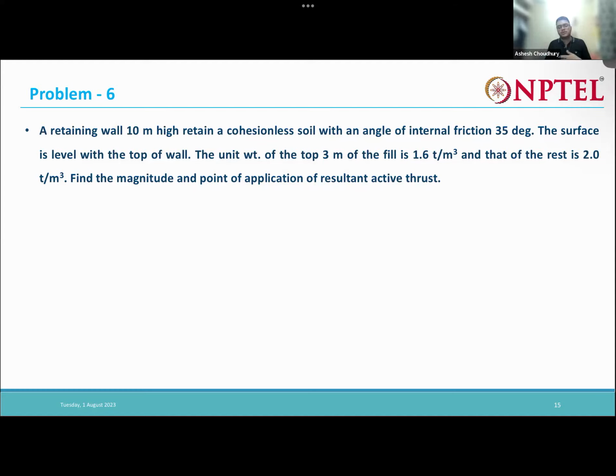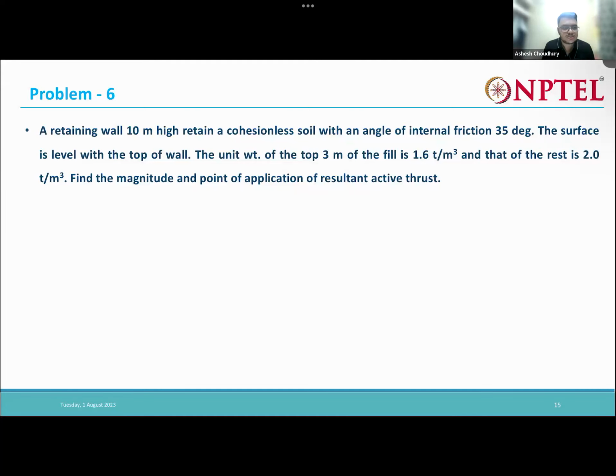So for that, we apply a filter material of some geosynthetic, so that the water can easily drain out, because this water pressure is actually very huge, and there are several cases where retaining walls have actually failed due to this extra active thrust, the lateral thrust due to water, right?